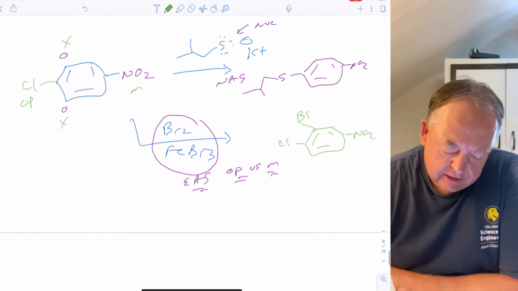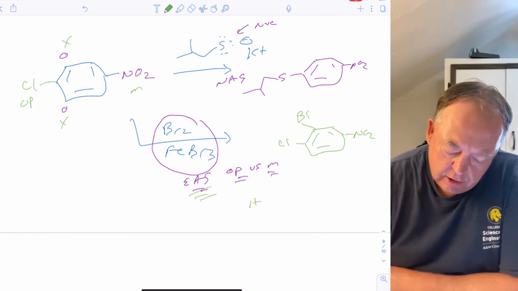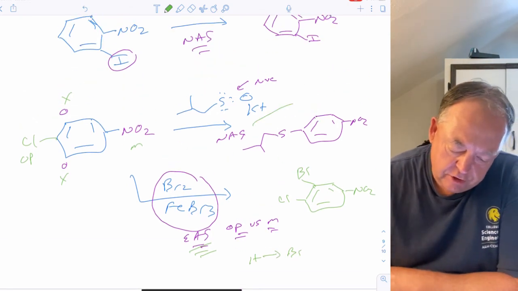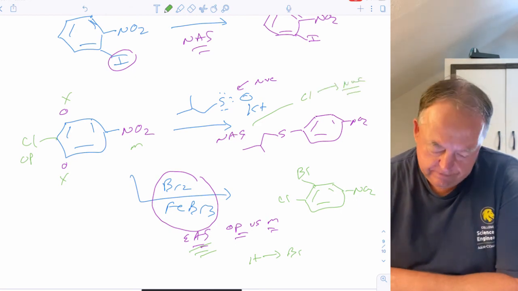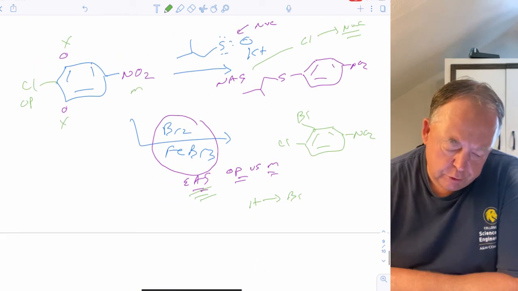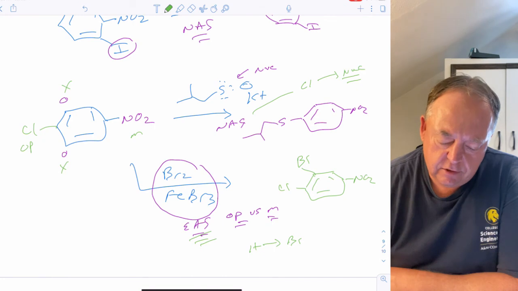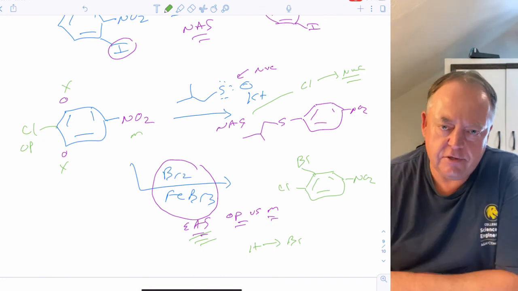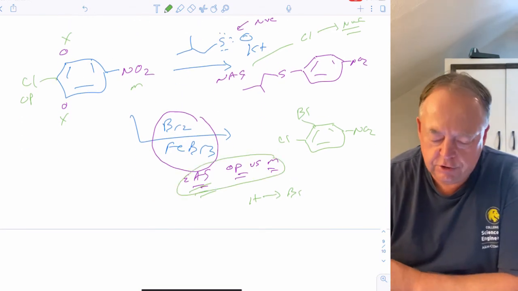So that's electrophilic aromatic substitution. What did you substitute? You substituted hydrogen for bromine. This is nucleophilic aromatic substitution. What did you substitute? The leaving group for the nucleophile. So when you do nucleophilic aromatic substitution, ortho-para versus meta directors is not factored in at all. It has nothing to do with the reaction. It's only when you're doing electrophilic aromatic substitution that it matters.